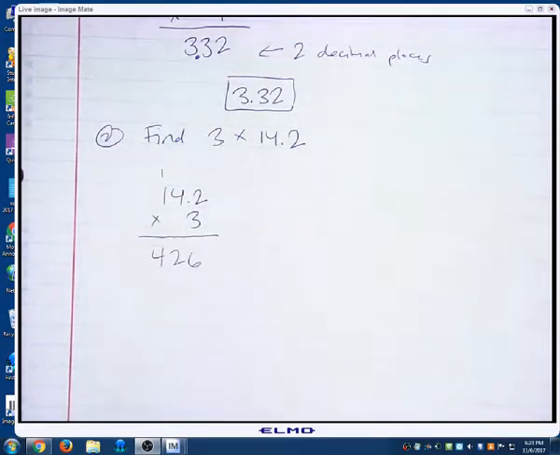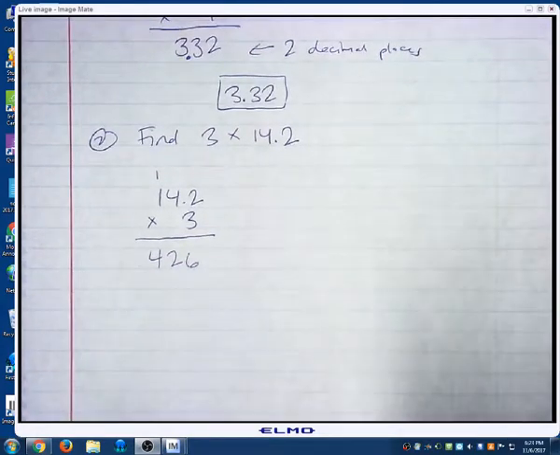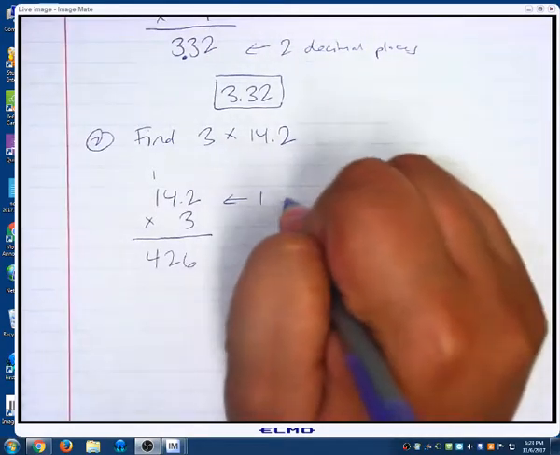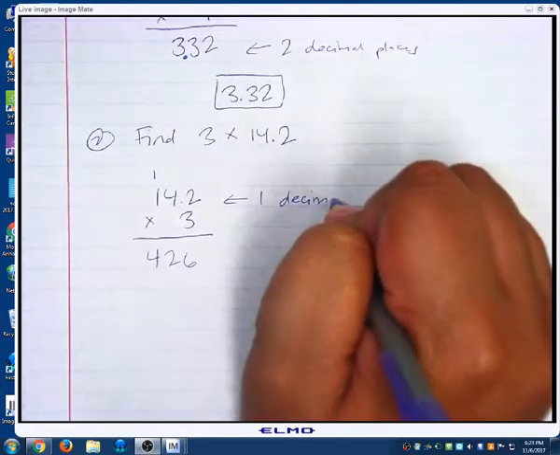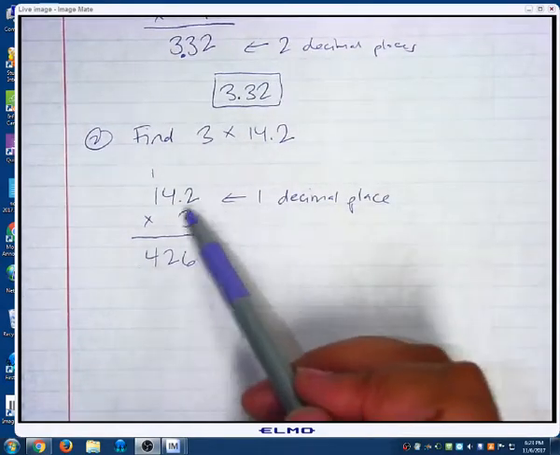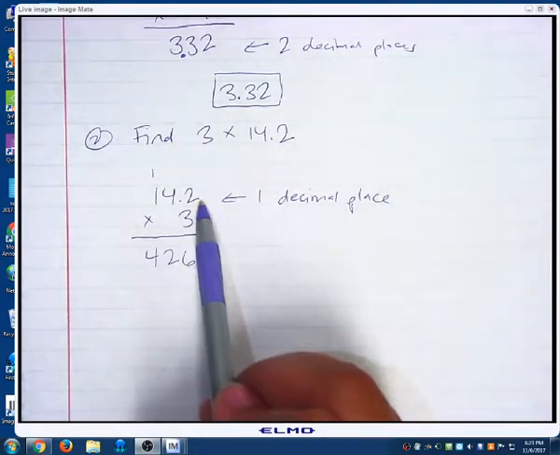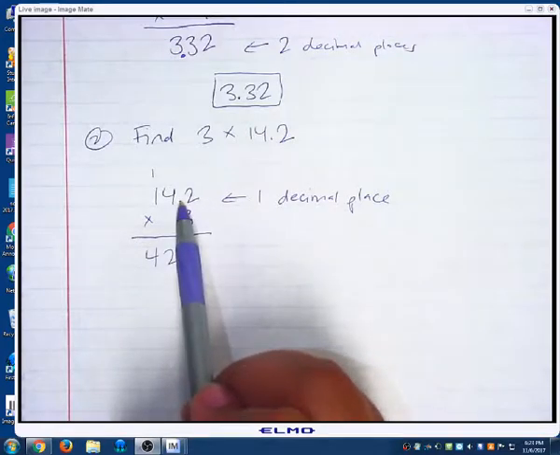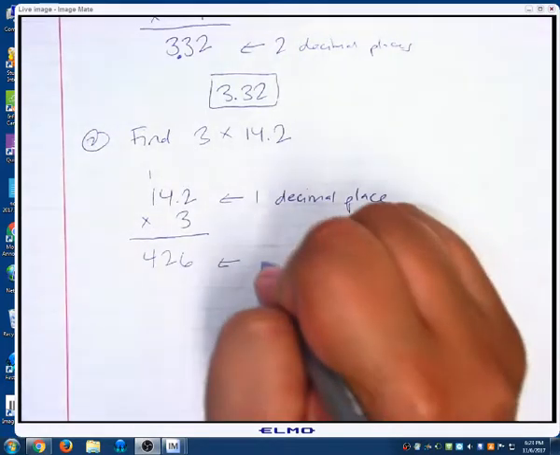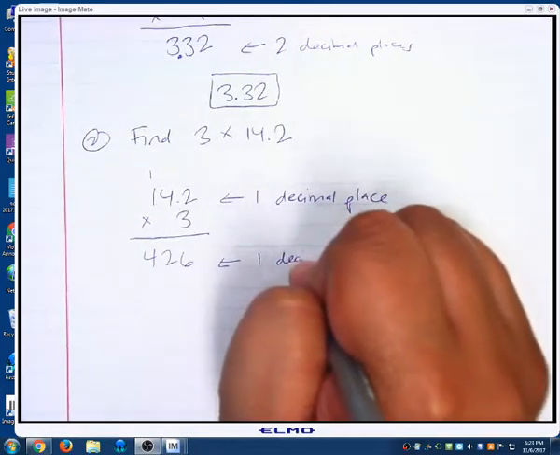So I have 426, but I'm not done. I have to put that decimal point somewhere. So I'm going to write that there is 1 decimal place. I'm going from left to right here. See how I've jumped 1 space here, which means I'm going to do the same thing.